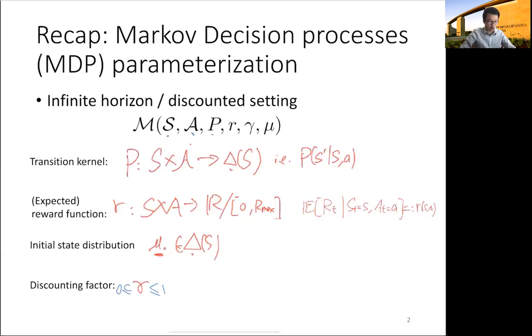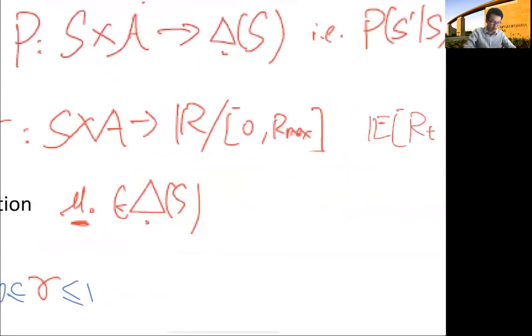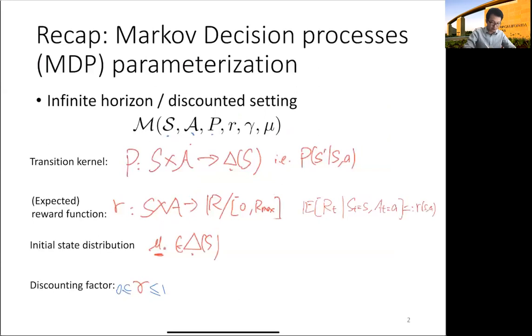So we typically choose this discounting factor to be, say, 0.99, so that we can plan ahead for an effective horizon of roughly on the order of 1/(1 - gamma). This is because when we add up 1 plus gamma plus gamma squared all the way to infinity, this is what we get from the geometric series.